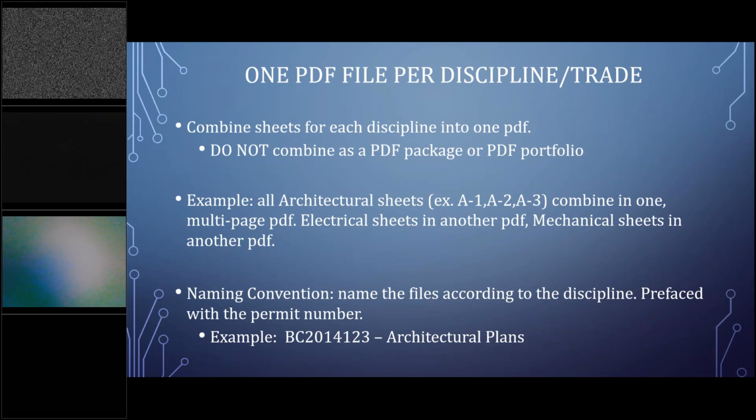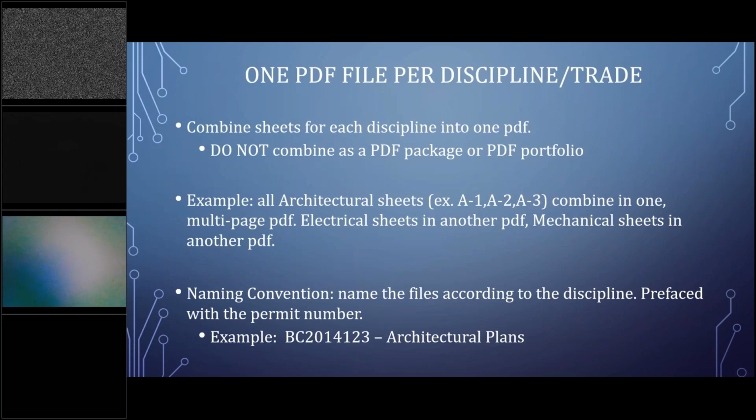Binding is the way to go, but the PDF package we do not accept. That's like a zip file, and our system does not unzip it. So an example, as I mentioned before, all architectural sheets such as A1, A2, A3 combined into one PDF, a multi-page PDF, and so on and so forth for all the other trades.